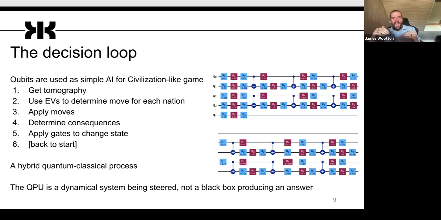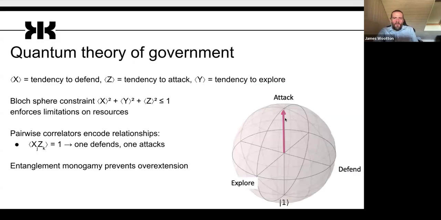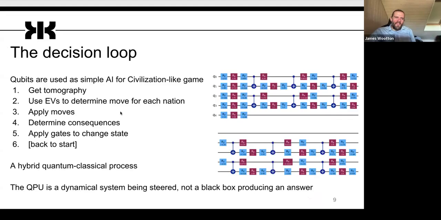You look at those numbers and then you use them to determine which move each nation is going to do. If you've got one nation which is all the way up on attack, it's going to attack one of its neighbors. And you look at the two-qubit correlation functions to find out which one. If it's all on defend, it's going to defend against one of its neighbors. And you look at the two-qubit correlation functions to determine which one. If it's explore, it's going to do a move that increases its territory in the direction no one else is. So it uses these expectation values to determine what move it's going to make.